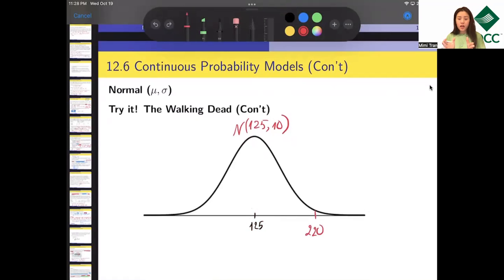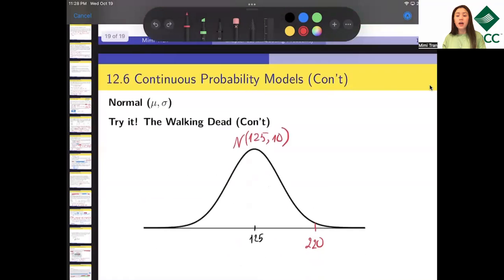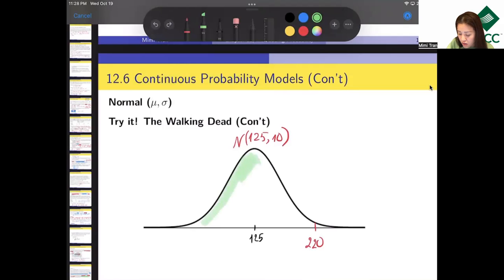Because I want X less than 220, that means I want the probability cumulative from the left. I want that area, anything from the left all the way to 220.